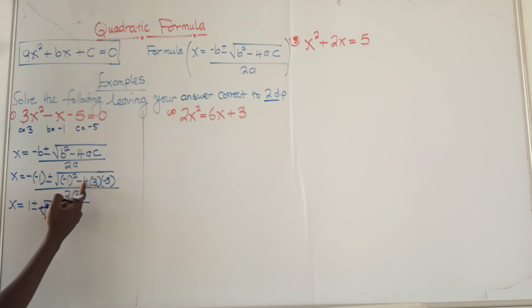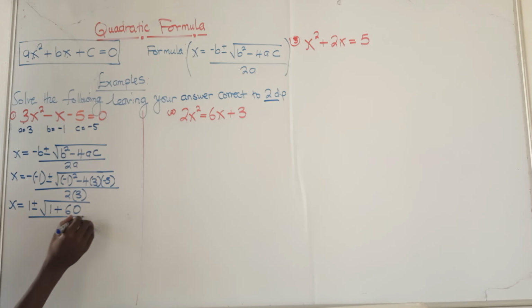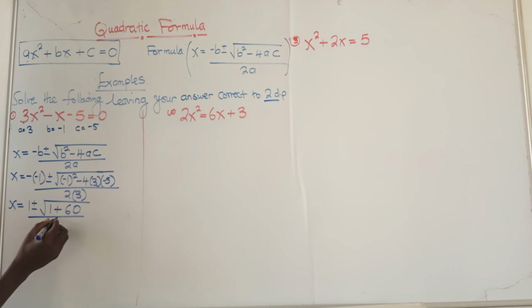So 4 times 3 is 12. 12 times 5 gives you 60. Over 2 times 3, it gives us 6. So our x will be equal to 1 plus or minus the square root of 1 plus 60, which is 61, over 6.